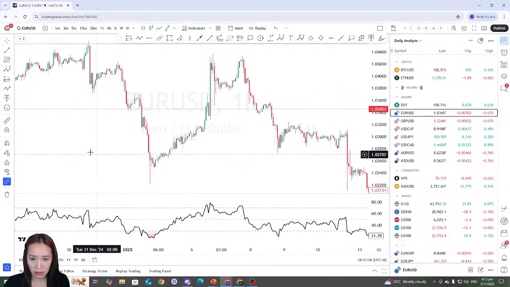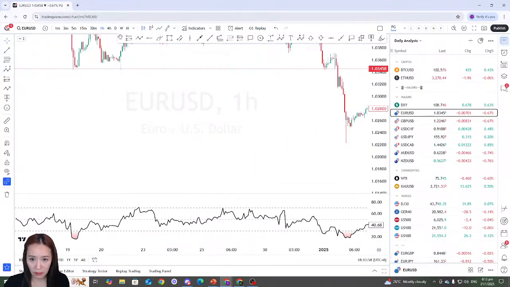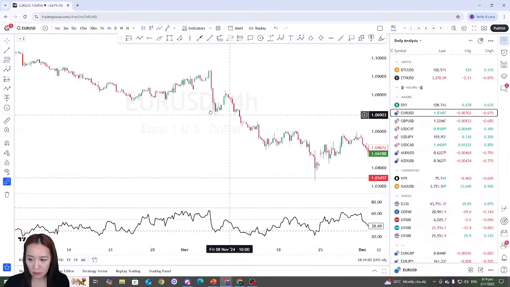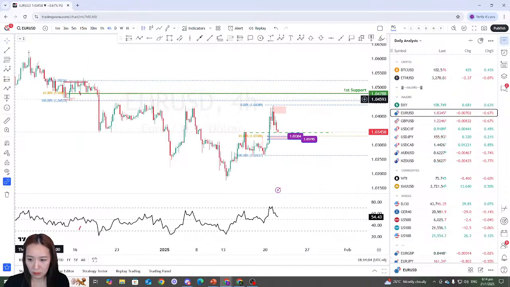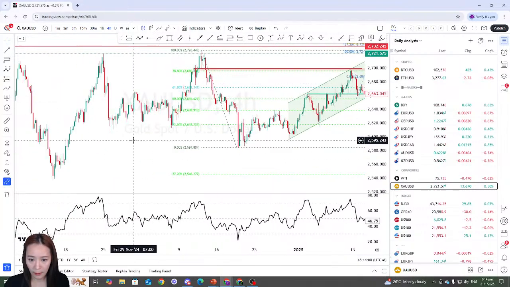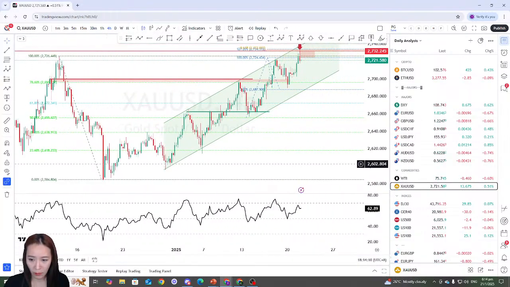Bullish engulfing happens where? At the support level. Which is where? It's here.